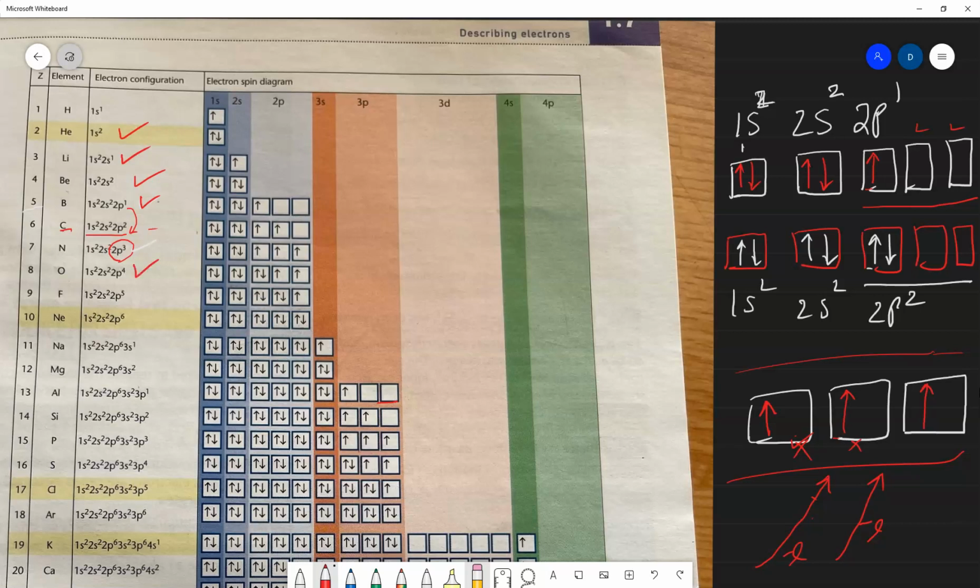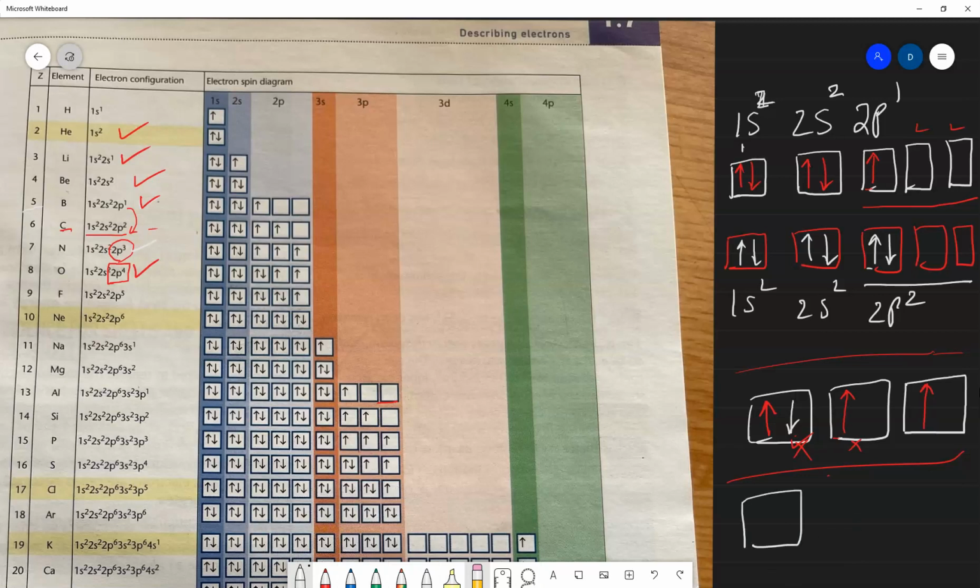Take for example oxygen. In oxygen there are 4 electrons in the p subshell. So you get a new electron for oxygen. All 3 p orbitals are already occupied by an electron, so it will go and join the first one. In some books, they write it this way. It doesn't matter, because there's no difference between these 3 p orbitals.